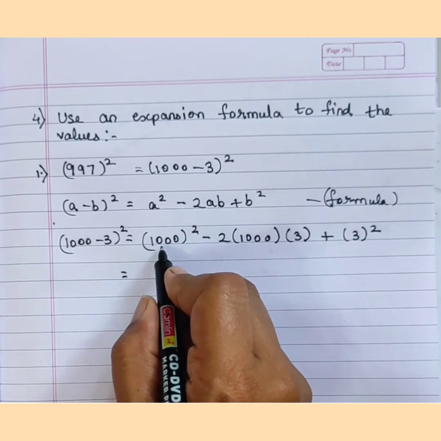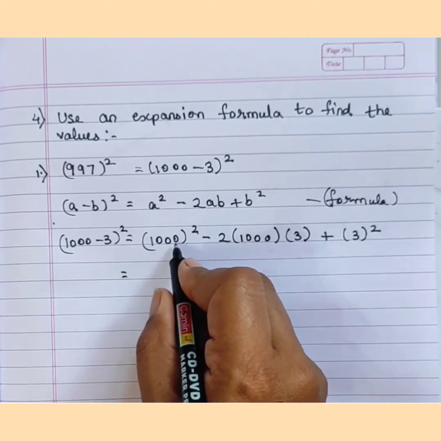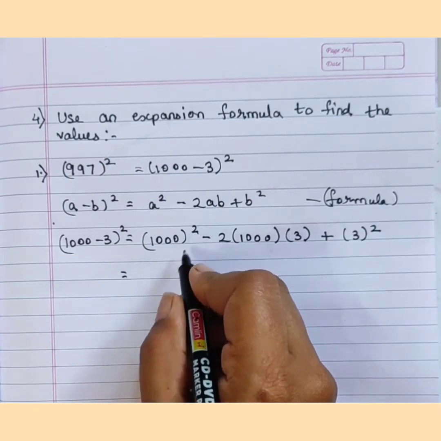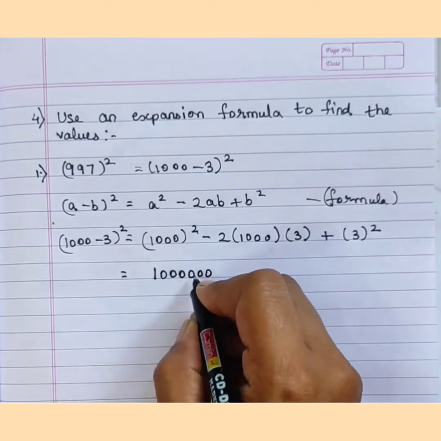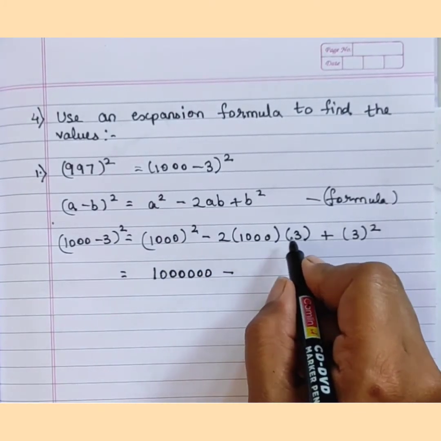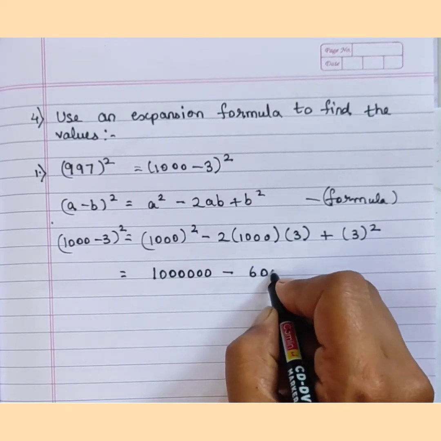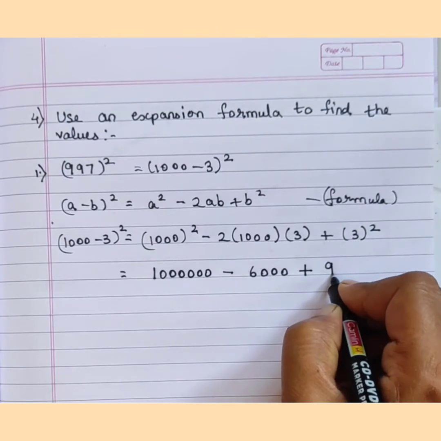When you square 1000, that means 3 zeros, so when you square, it becomes 6 zeros. Yes, that becomes 10 lakh minus 2 into 1000, 2000 into 3, that is 6000 plus 3 into 3, 9.